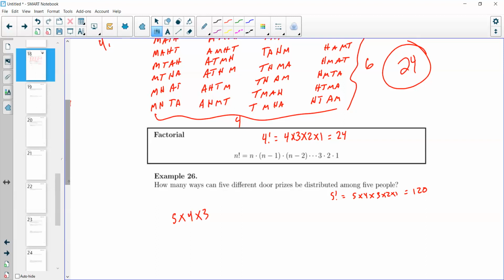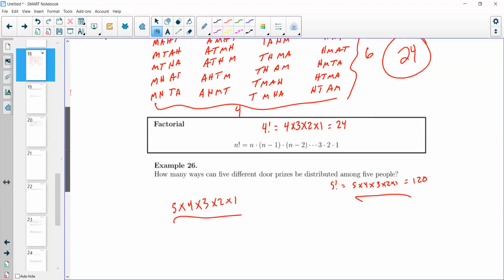And then 3, and then 2, and then 1. So as you can see, it's the same thing. If you don't recall that it's 5 factorial, you can work it out the same way. Any questions on factorial? Because we will be using this quite a bit from here on down.